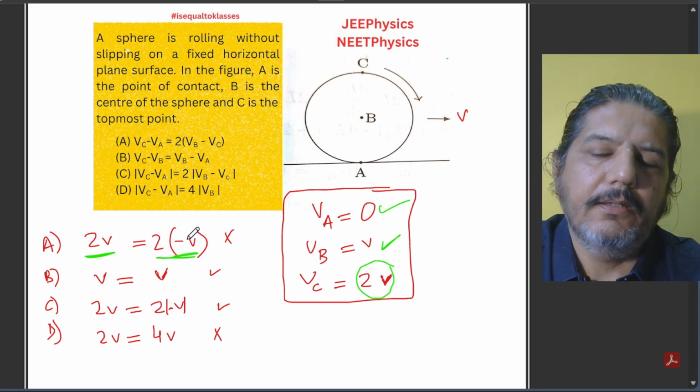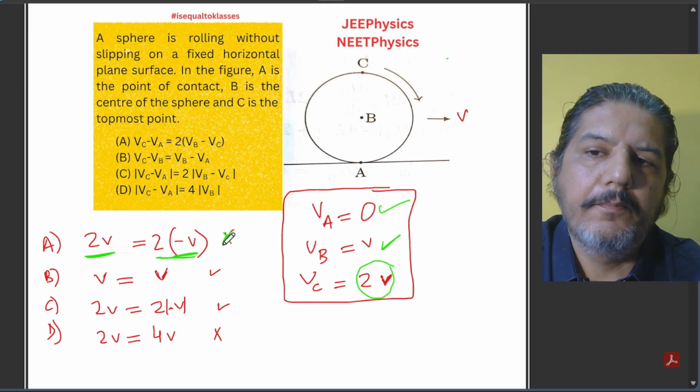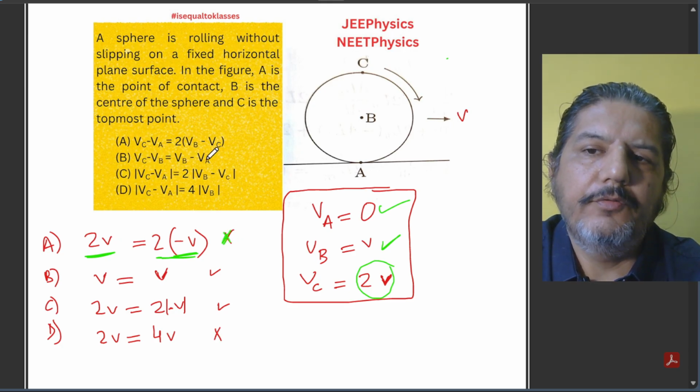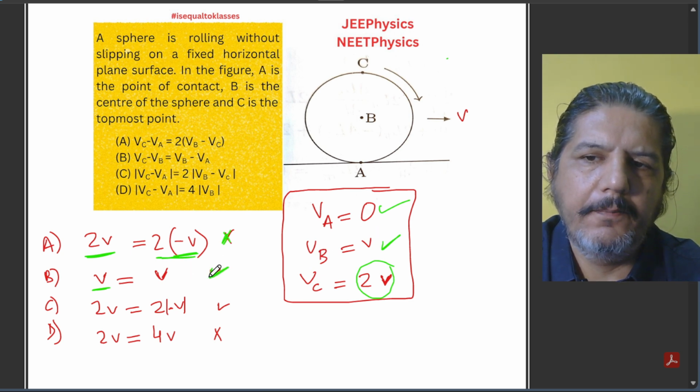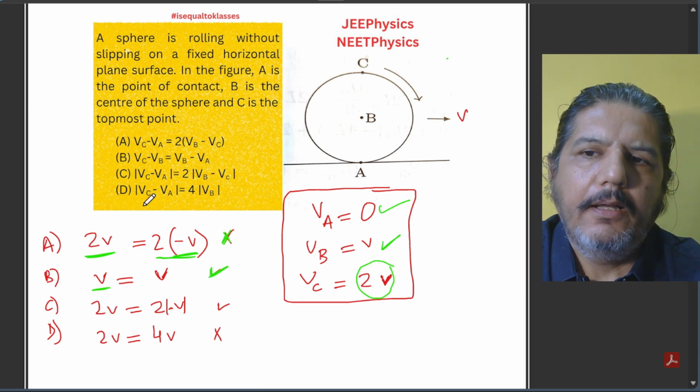So this is incorrect. VC minus VB is equal to VB minus VA. VC minus VB is 2V minus V, so this is V. And VB minus VA is V minus 0. So this is correct. VC minus VA is 2V minus 0, so this is 2V.